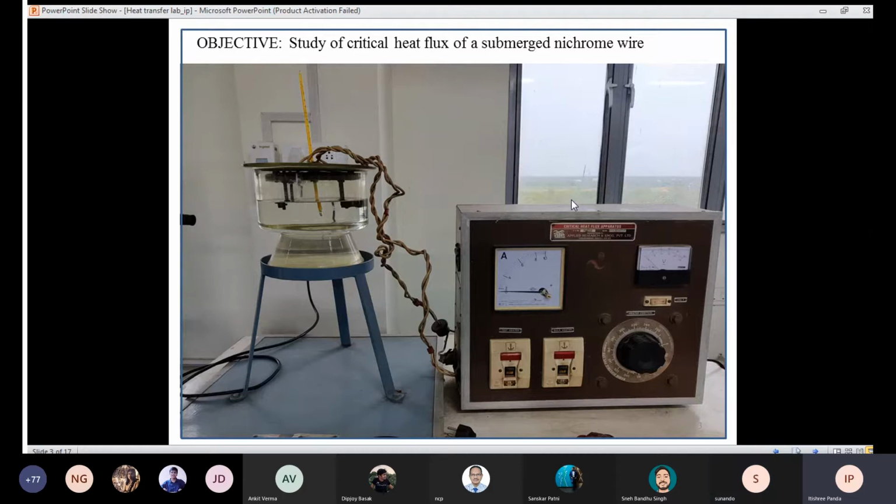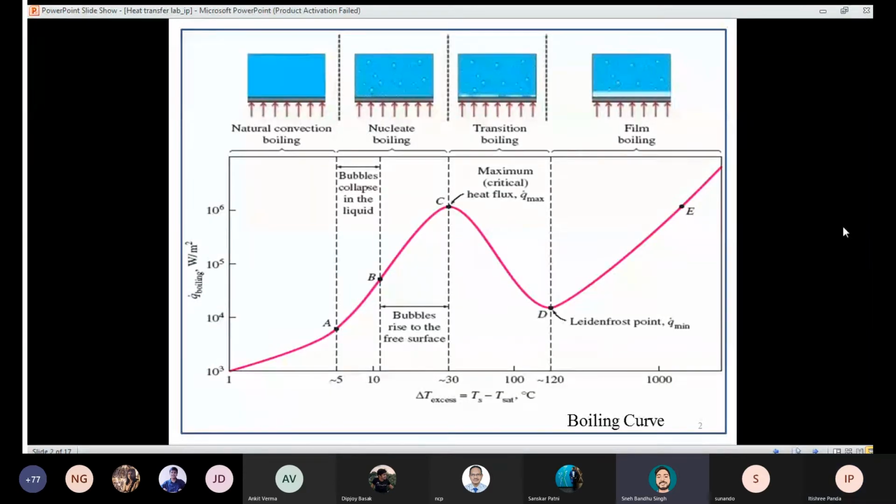Any questions? I do not get that point. We are having delta T, T minus T saturation of water, right? So we should increase the temperature by 100 plus something, right?